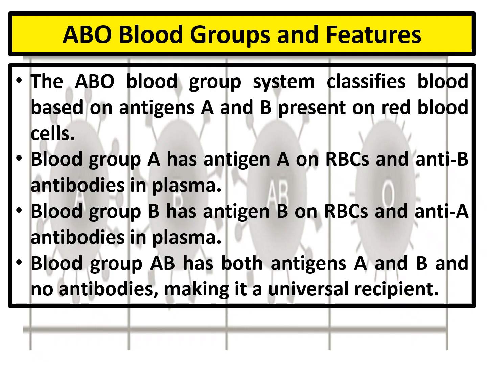If you are having antigen A, then you will be having anti-B in the plasma. Vice versa, blood group B will obviously have antigen B on the red blood cells and anti-A antibodies in the plasma. Blood group AB has both antigens A and B and no antibodies at all.